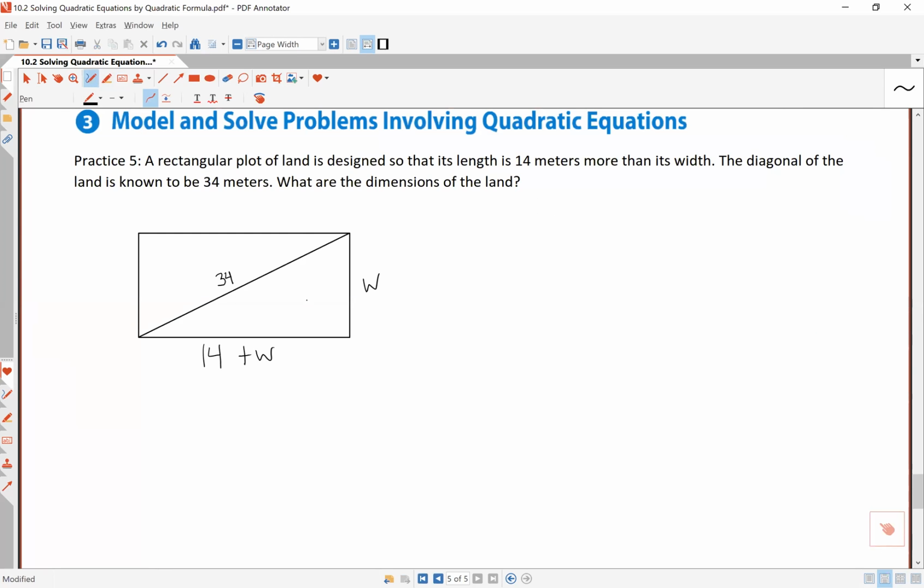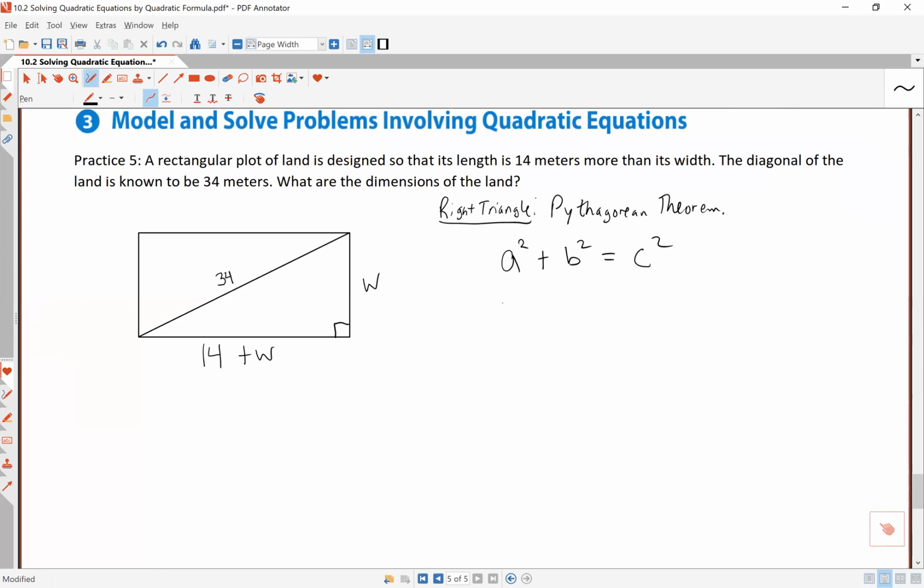When we see a rectangle diagonal, we see right angles. And when you have a right triangle, we have the Pythagorean theorem, which says that the sum of the squares of the sides of the triangle is equal to the square of the diagonal.